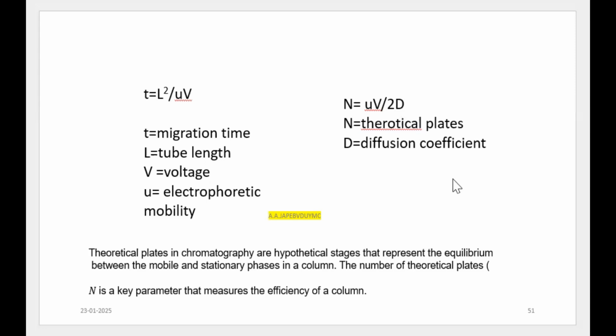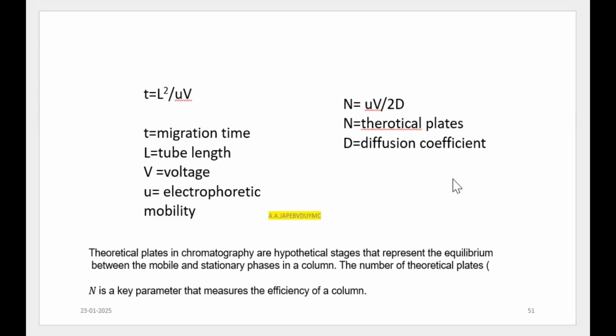So when we talk about these two equations, it appears that the ideal situation is applying a very high voltage, as much as possible. Why do you want to apply high voltage? So that the electrophoresis time is reduced. So a short capillary electrophoresis time is there, and you can use a short capillary also. So this is one thing that is clear from these two equations, right?